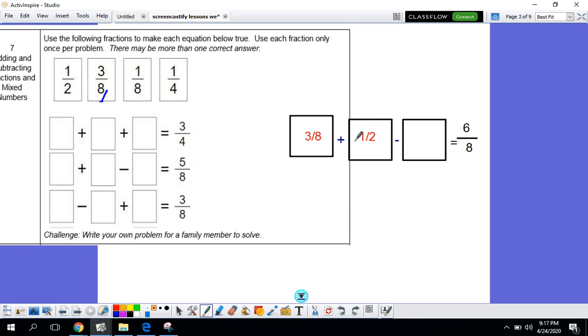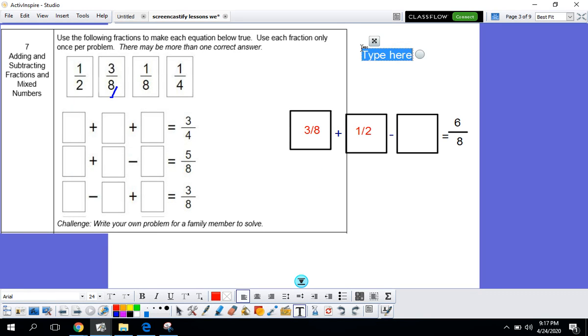However, I know what 1/2 is in eighths because I know my equivalent fractions. I know that 1/2 is the same as 4/8. I learned that in 3rd and 4th grade, so I should be able to make that connection.